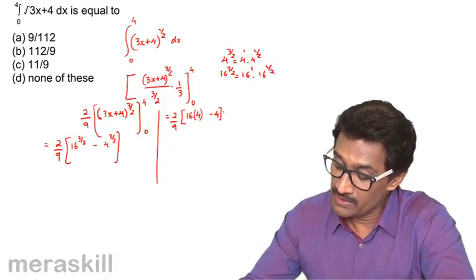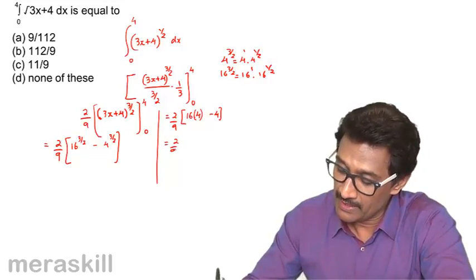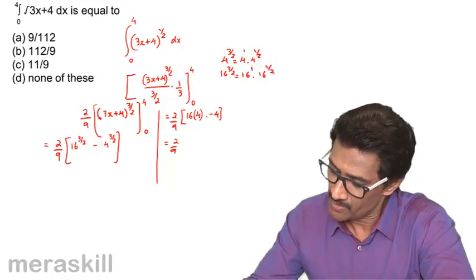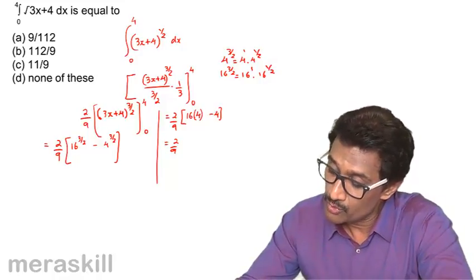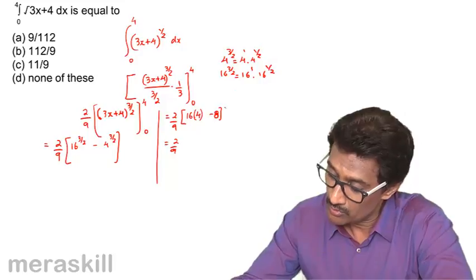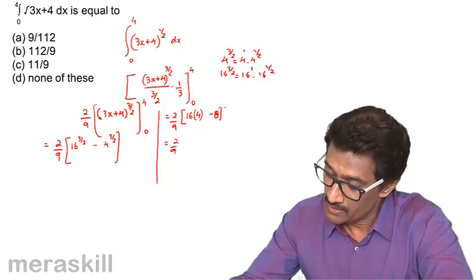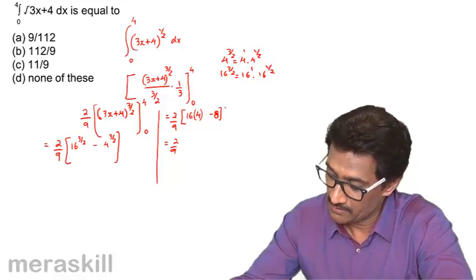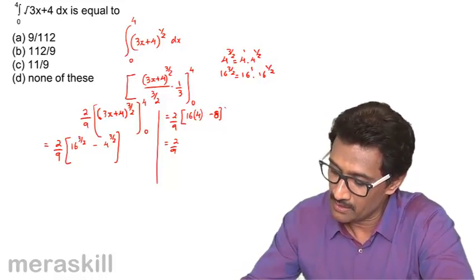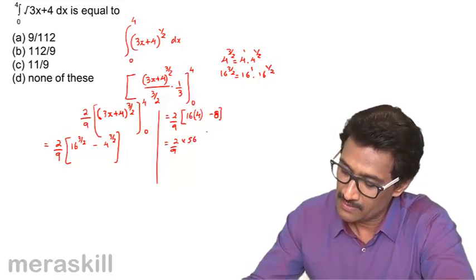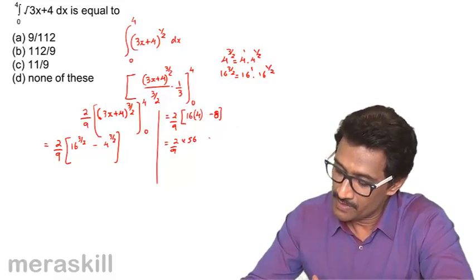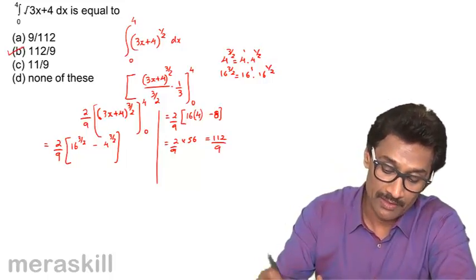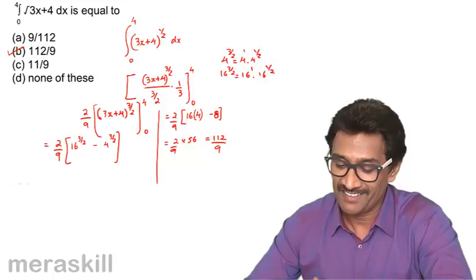So it's going to be 2 by 9 into 64 minus 4 into 2, right? So 64 minus 8 is nothing but 56, which is going to be 112 upon 9.